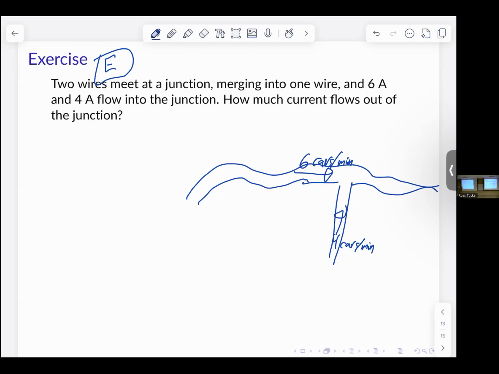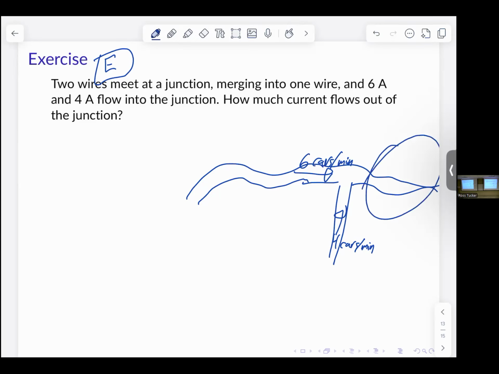Question E. Read carefully. In is towards the meeting point. Out is away from the meeting point. Okay, so think about it. 6 cars are approaching an intersection per minute. Along another road in the T junction, 4 cars per minute are approaching it.